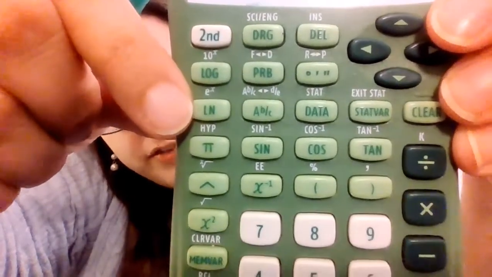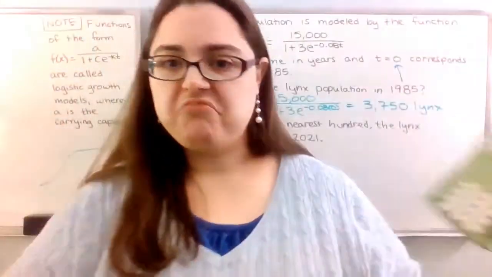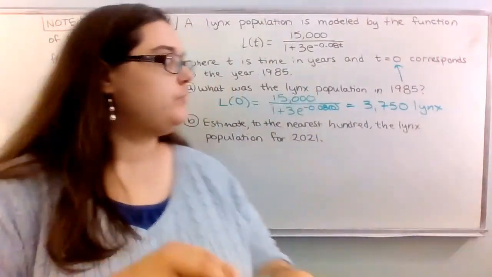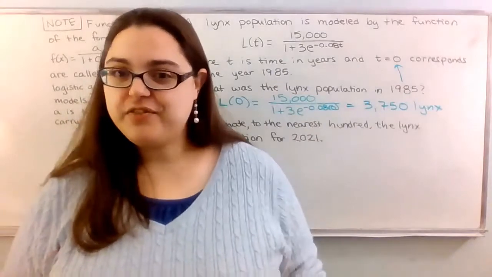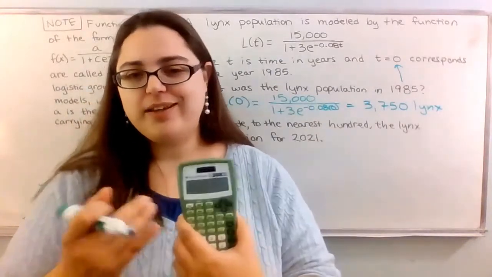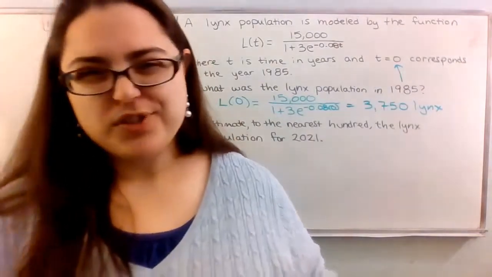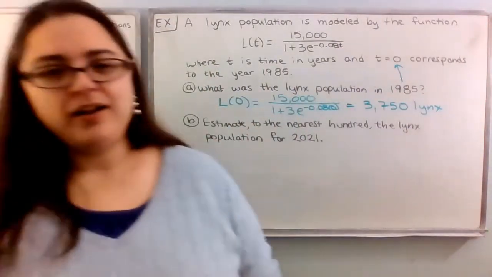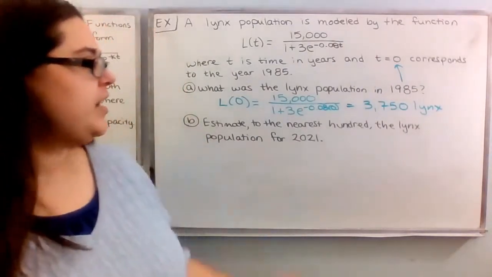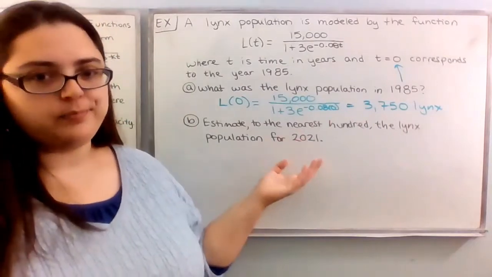So I would hit second ln, and that will open up a base of e. Your calculator may have it in a different spot, but look for it typically above the ln button. We'll talk about ln in the future. All right, so that was the initial population of lynx living in this area at that time.